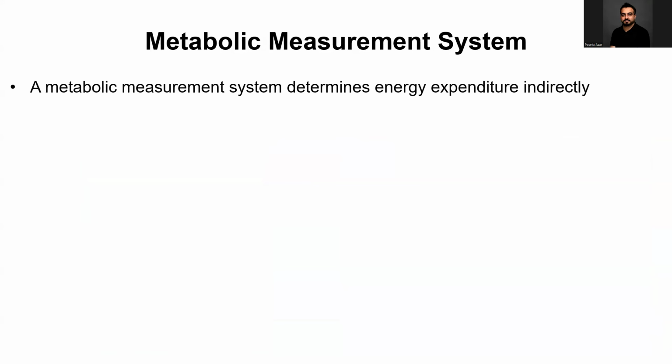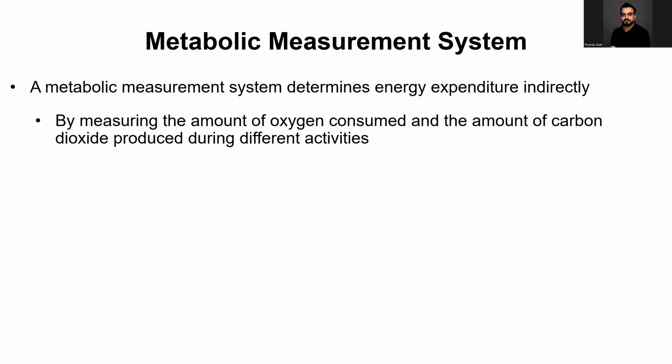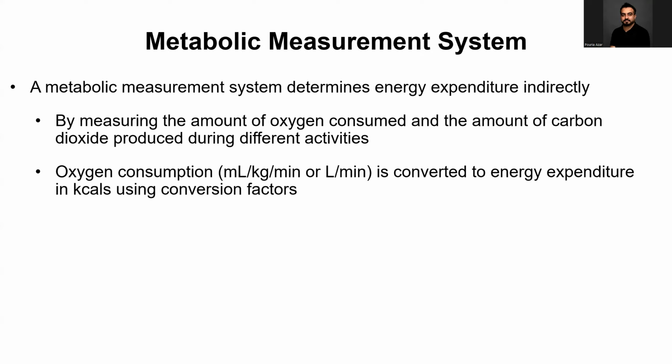A metabolic measurement system determines energy expenditure indirectly by measuring the amount of oxygen consumed and the amount of carbon dioxide produced during different activities. Oxygen consumption in milliliters per kilogram of body weight per minute or liters per minute, these are the units for oxygen consumption, is converted to energy expenditure in kilocalories using conversion factors. It's based on the respiratory exchange ratio.